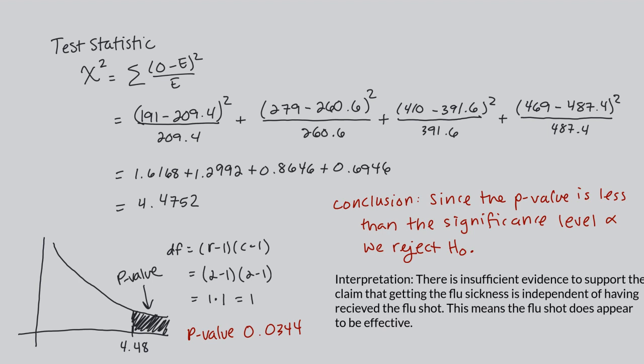So there is sufficient evidence to reject the claim that getting the flu is independent of having received the flu shot. So it seems that they are dependent on one another, which means that the flu shot appears to be effective.